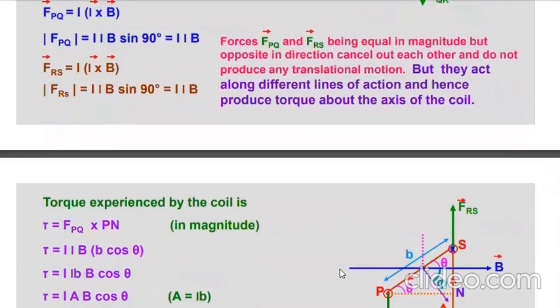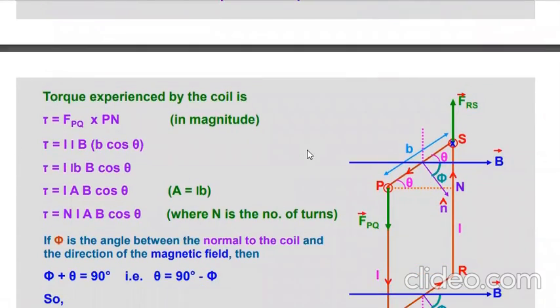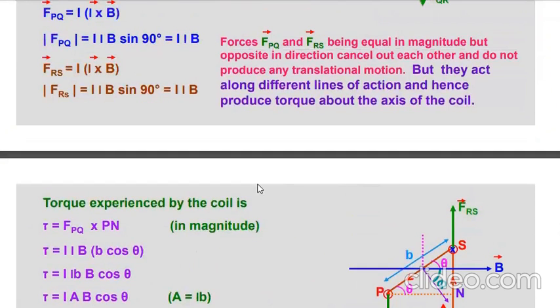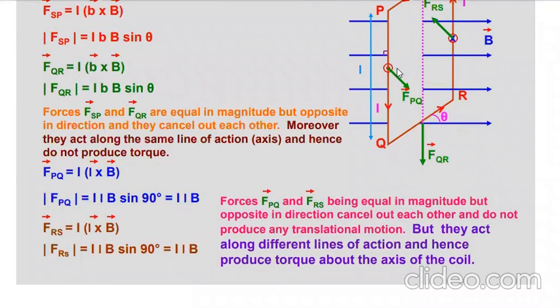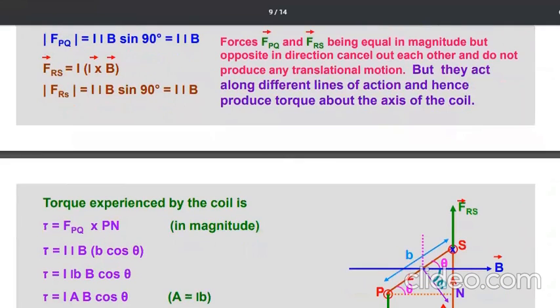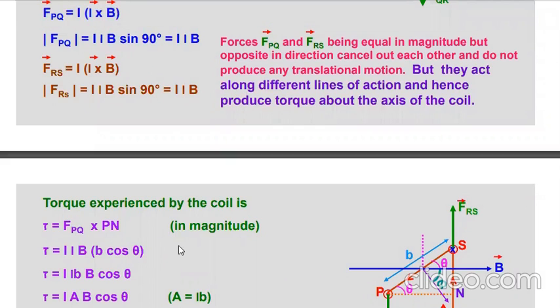So you see here, the net torque produced by the current flowing in the coil due to the magnetic field can be obtained as the vector sum of the torques produced by the individual longer arms. The torque produced by the longer arm PQ is equal to the product of the magnitude of force and the perpendicular distance from the axis of rotation.